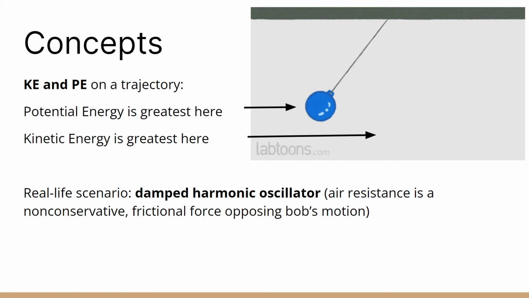Note that while we may not get these types of questions on, say, the AP exam because they're just too complicated at this point, it's still good to know that that's why in real life, if you're holding a pendulum and you let go, it wouldn't go on forever, right? You can use this to explain that. Air resistance opposes the motion. Every time it swings around, it decreases its motion just by a little bit, a little bit, a little bit.